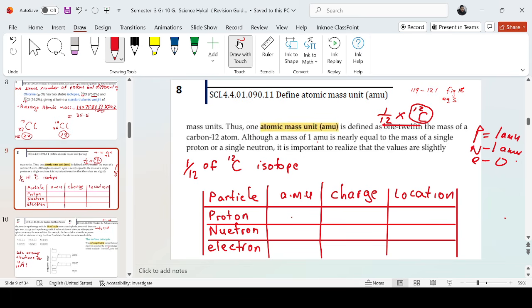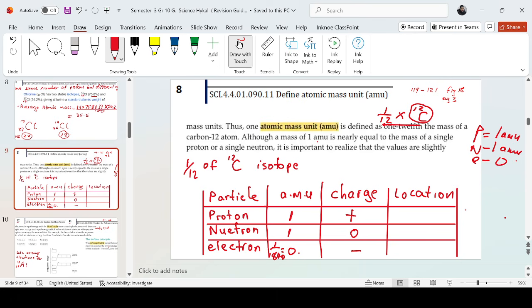So proton is given 1 atomic mass unit, neutron 1, electron 0. Or sometimes they say 1/1840, which is almost 0. Charge of a proton is plus, neutron 0, electron minus.